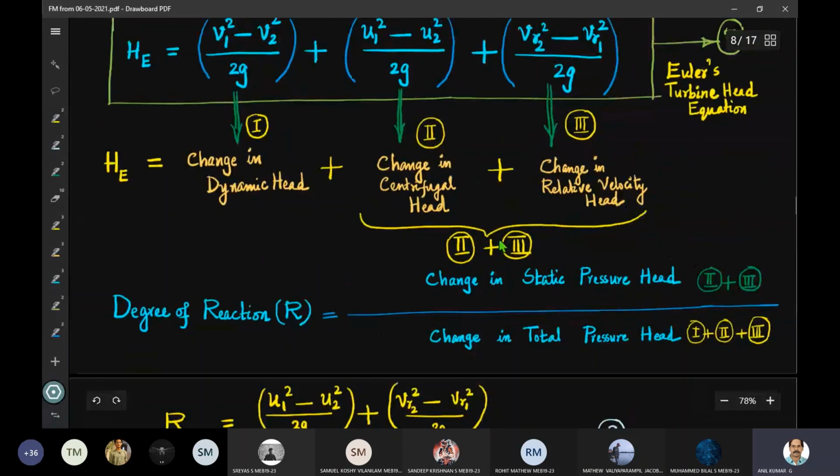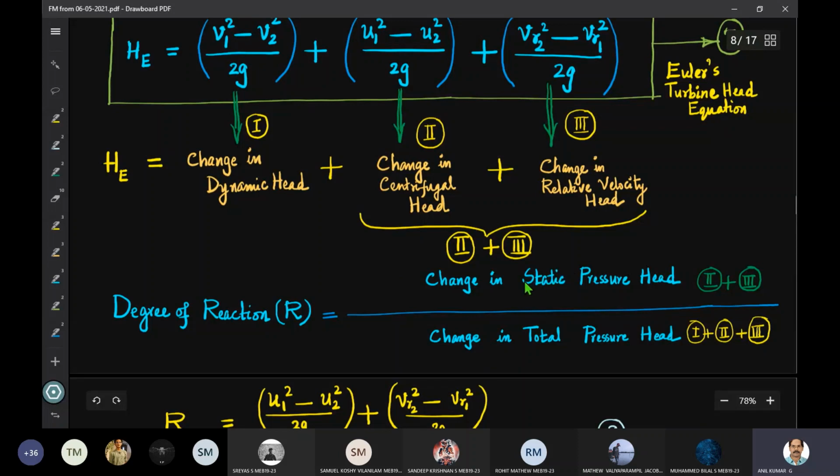Change in static pressure head represents the energy transformation from one form to the other. Usually that is from the pressure head to kinetic head in the case of power producing devices.